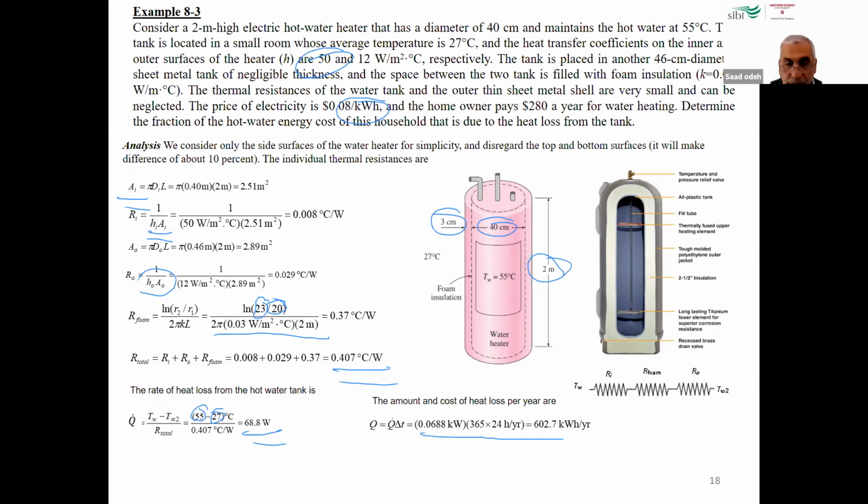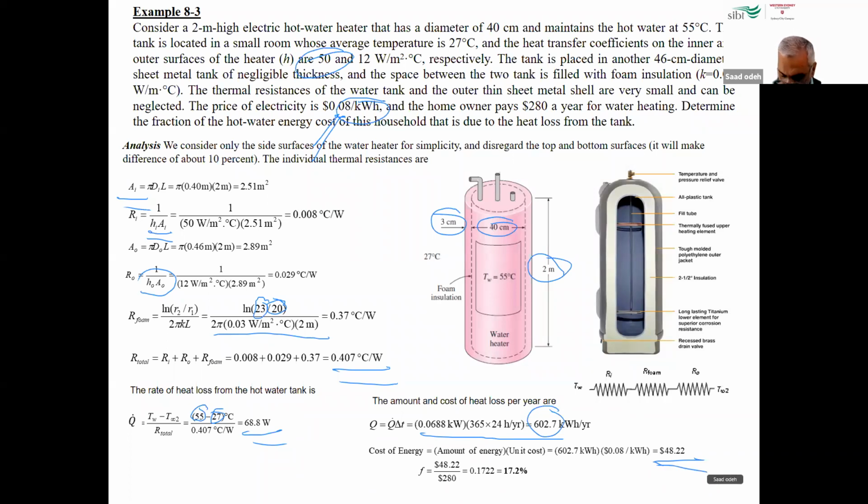Now, if we know the price of energy, which is given here as $0.08 per kilowatt hour, and we know the total loss around the year, 602, simply multiply by the price of energy. You can get how much money you pay for this loss of energy.